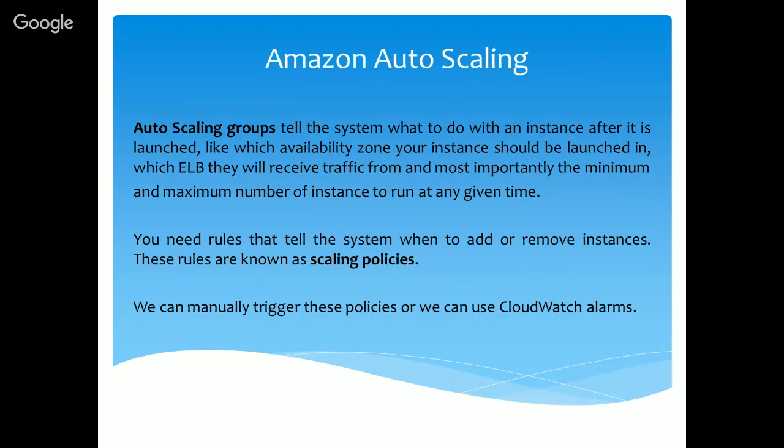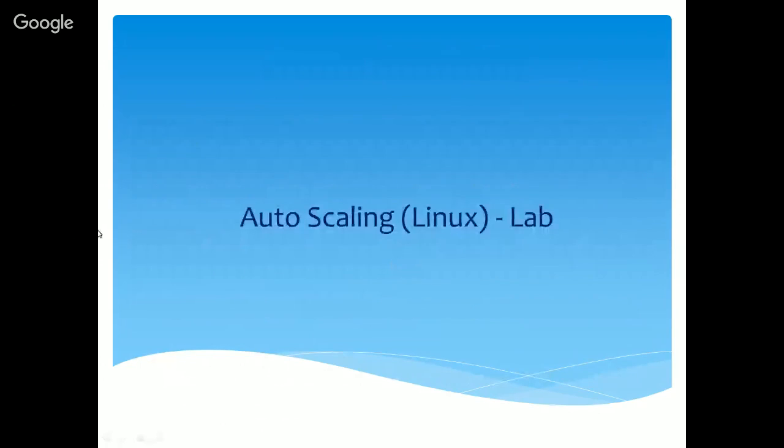So you get the idea. You can use the CloudWatch alarms to scale up and down, or integrate with auto scaling to really make use of it without manually triggering the scaling policy. So just keep in mind these three important terms. First is your launch configuration, another is your auto scaling group, and third are scaling policies. You will get to see them during our lab.